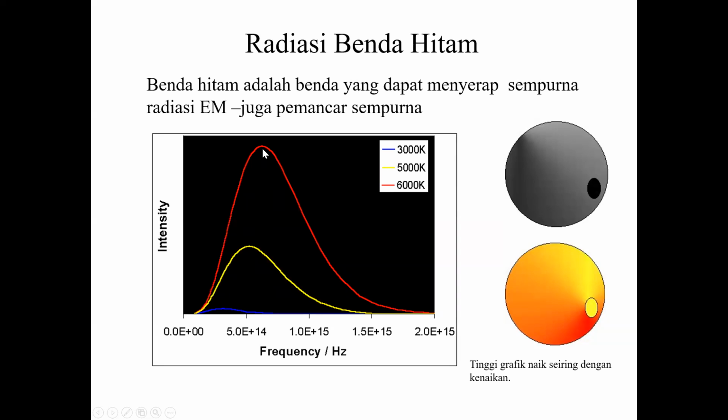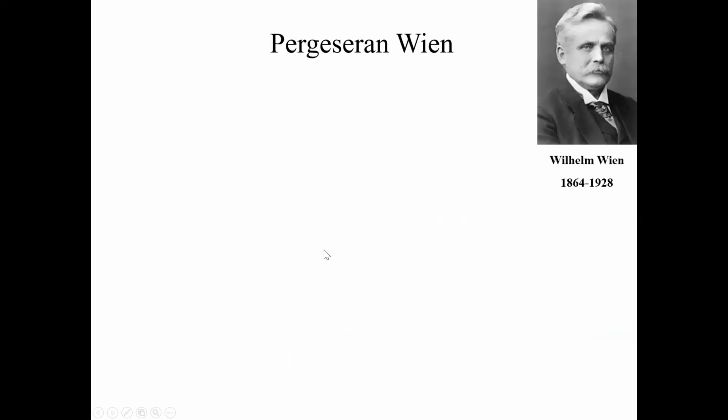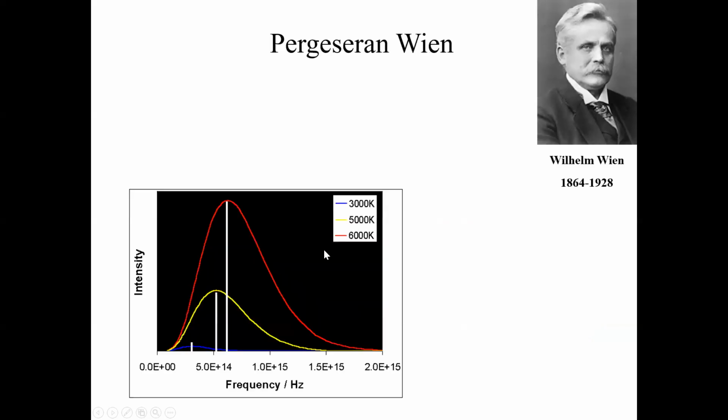If you see these three curves, the maximum is shifting to the right. This shifting means that the frequency becomes greater, so the frequency is increasing as the temperature increases.